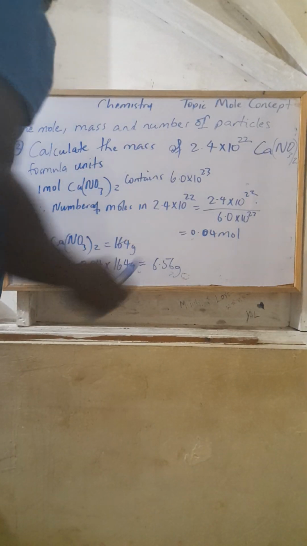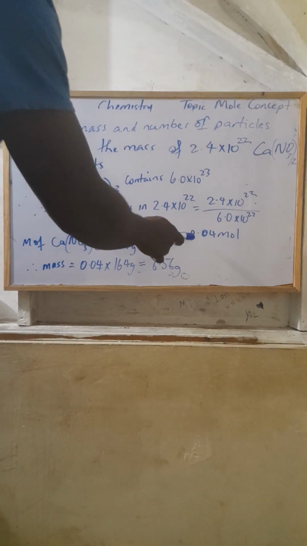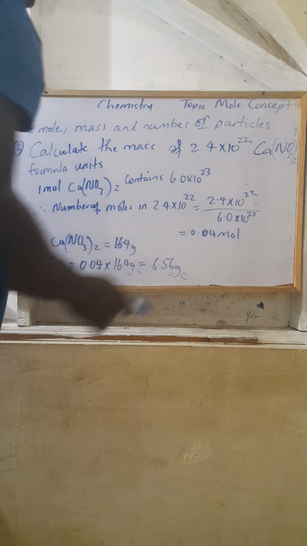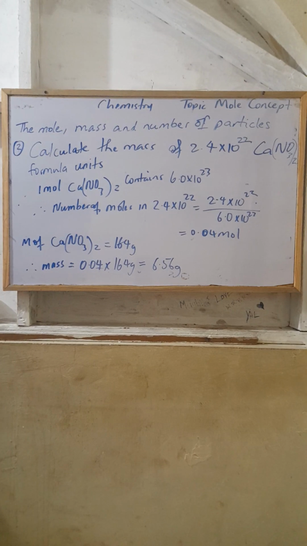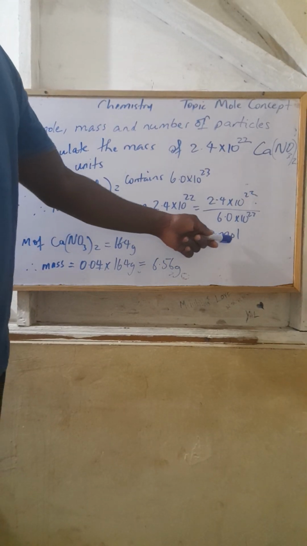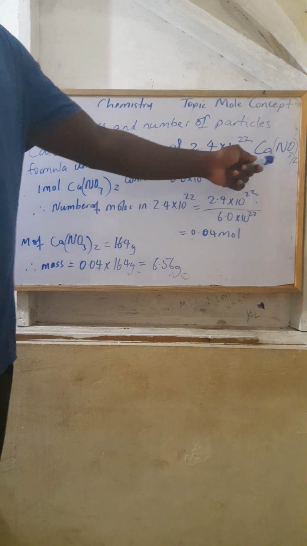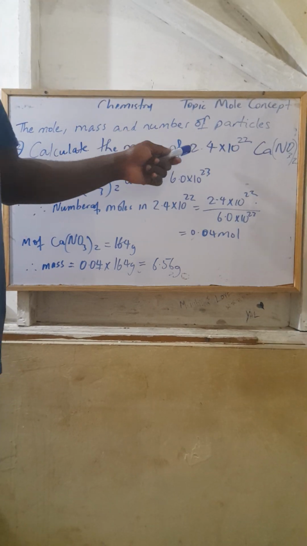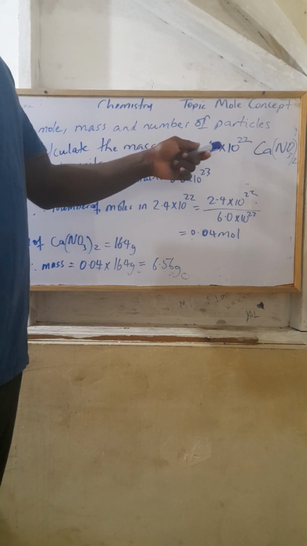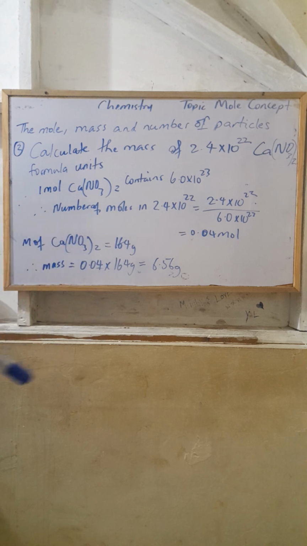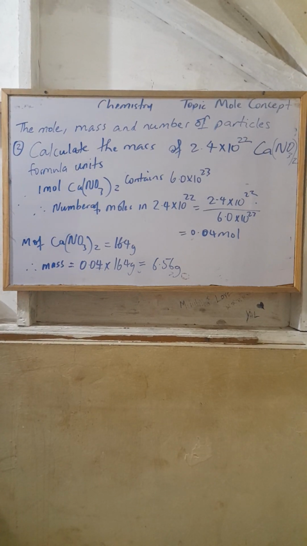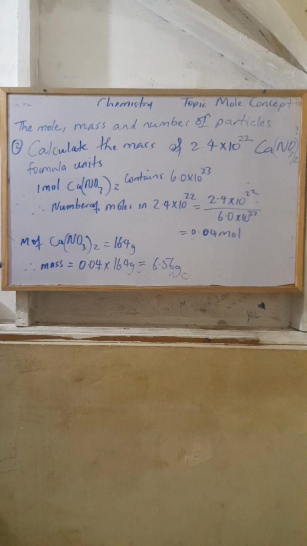And when you do the operation using your calculator, you'll get 0.04 moles. So therefore, 0.04 moles of calcium nitrate is present in 2.4 times 10 to the 22 formula units of calcium nitrate.